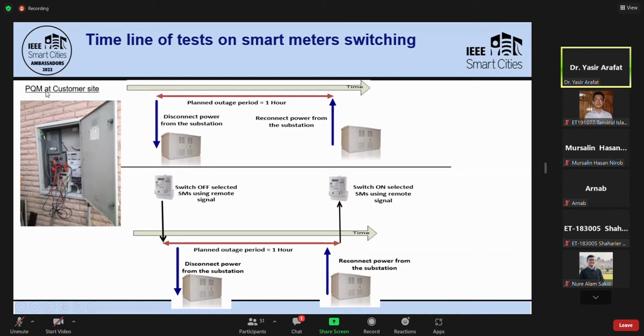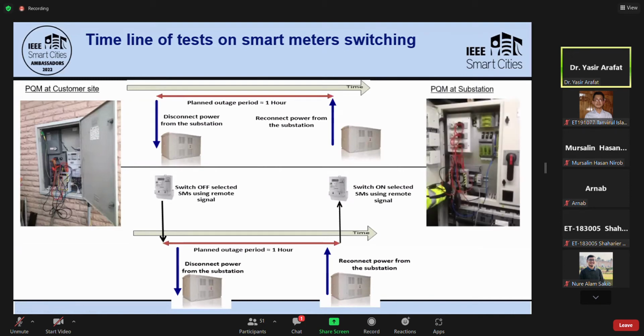We installed the power quality meters at selected customer sites to see if their power quality got disturbed or not. And also we installed power quality meters at the substation, the local substation, that is the low voltage substation.